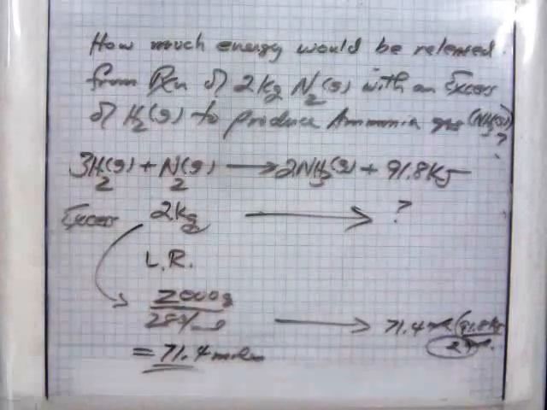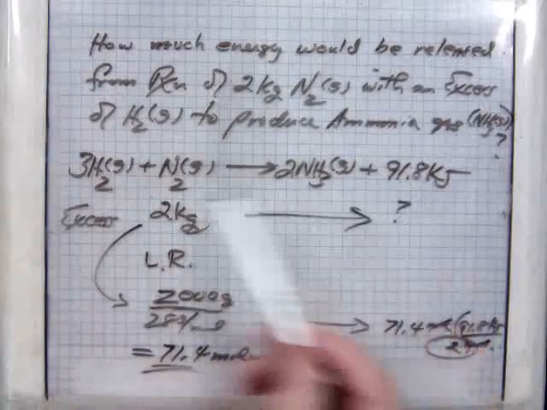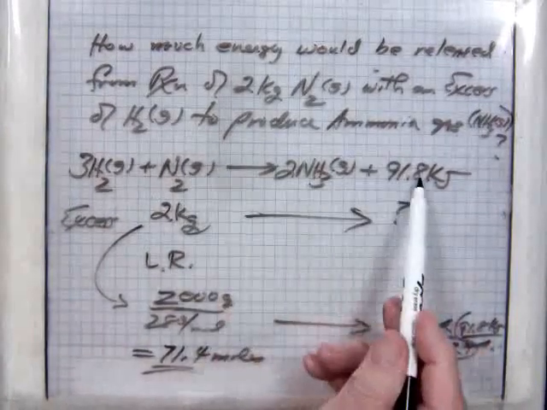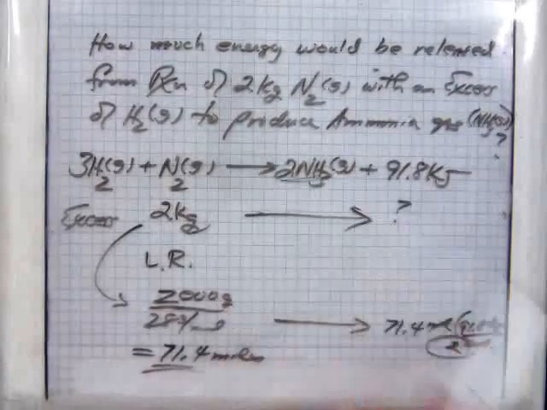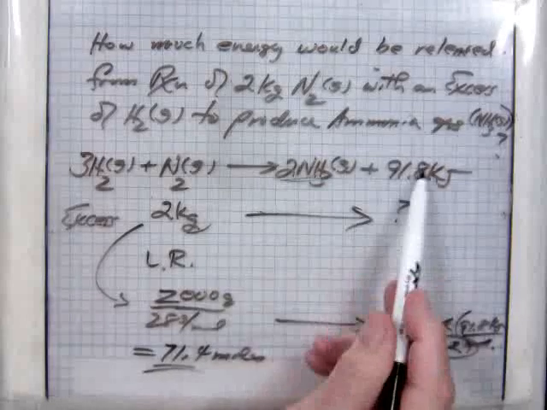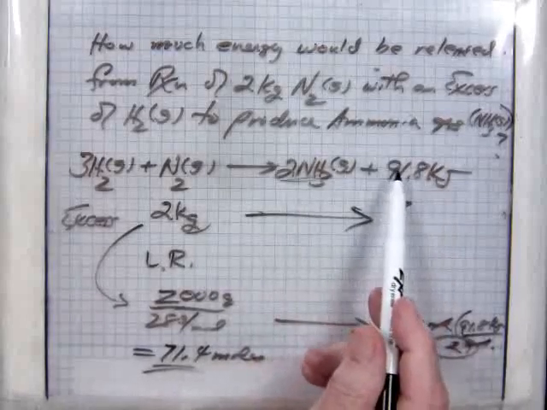So we got 91.8, so moles. I don't want that to confuse you, okay? Because this is dependent on whatever this is. 1 generates 91.8, okay? Yeah, we have 2 moles of ammonia yield. This is actually 2 moles of this will produce that. Half of that is for one mole.